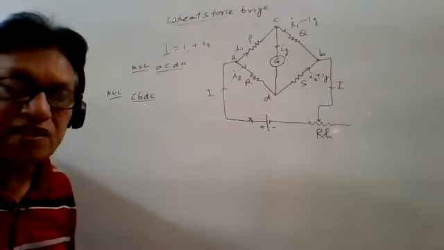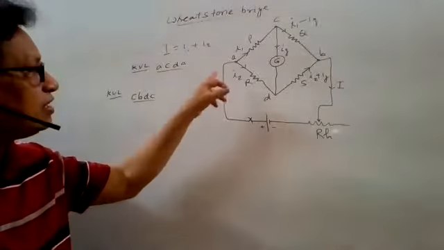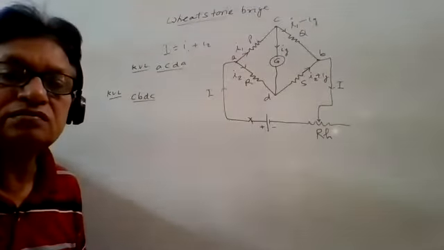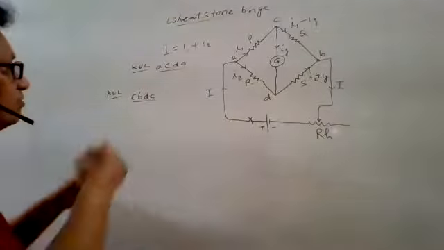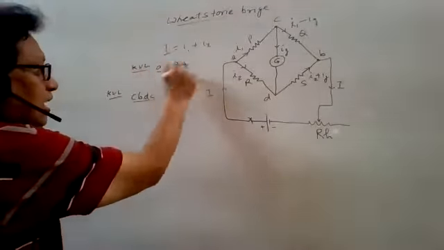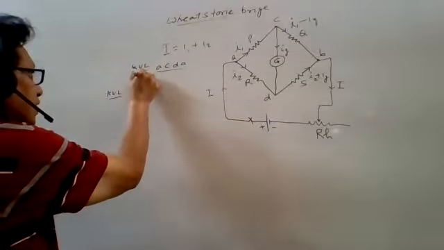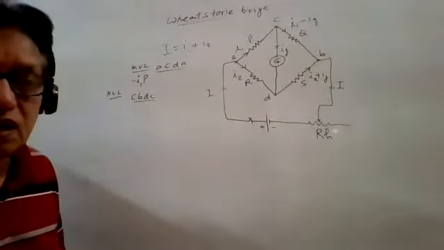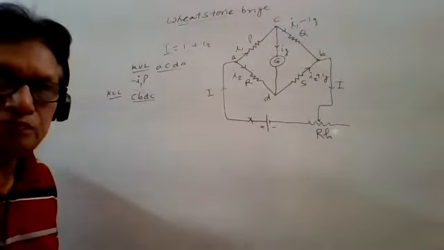Because we are moving in the direction of current from A to C, it should be a drop. We write IR, so I is I1 and R is resistance P. It means here the drop is I1 P.